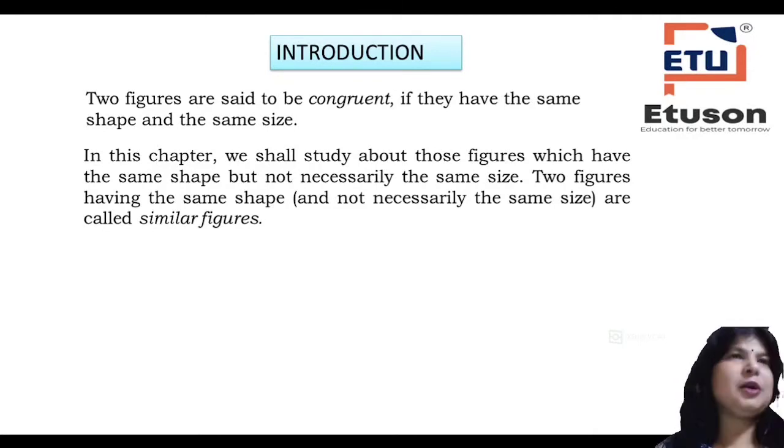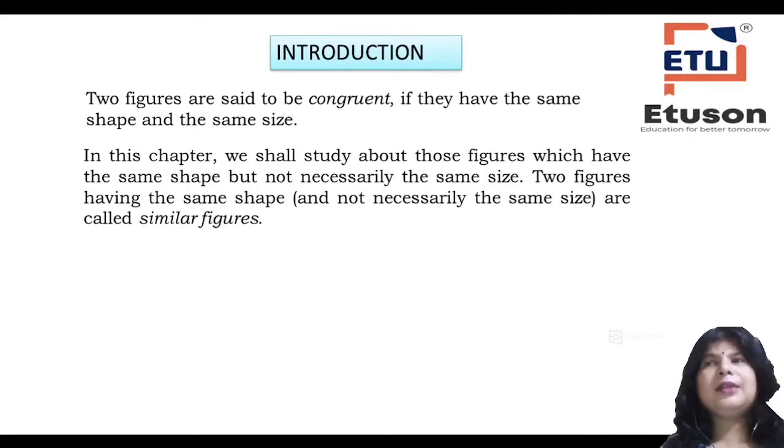I will give you some real life examples. There are certain properties by which you can say that this particular animal is a dog. A dog has certain features, right? So you find the resemblance between different dogs and you can say that these two dogs are looking similar.